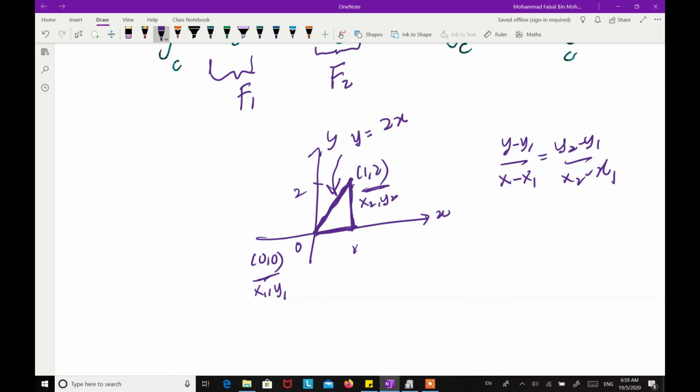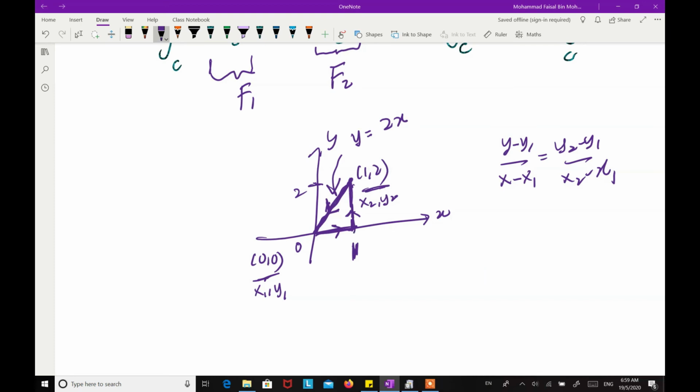Then what else? Positive orientation, so it must be anti-clockwise. This is 2.